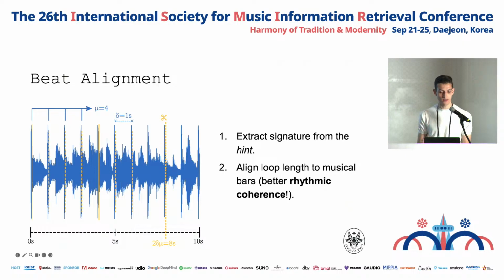Instead of making it a fixed number like 10 seconds or 30 seconds, we make it dynamic. We calculate the bar length using beat tracking. We extract the beats from the hints, and we ask MAGNeT to create, for example, in this case, 8 seconds, or whatever is an integer number of bars, such that we create higher rhythmic coherence in the track.